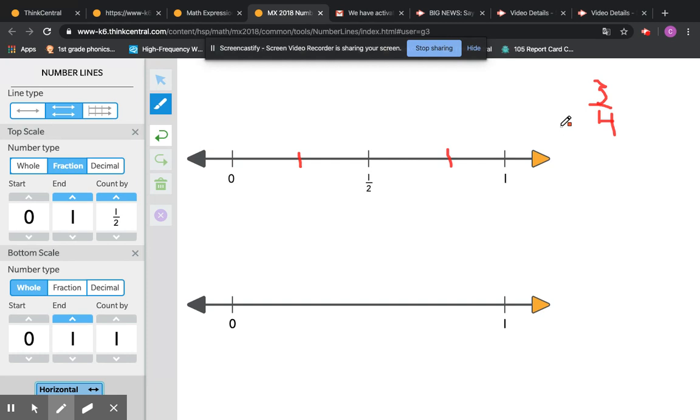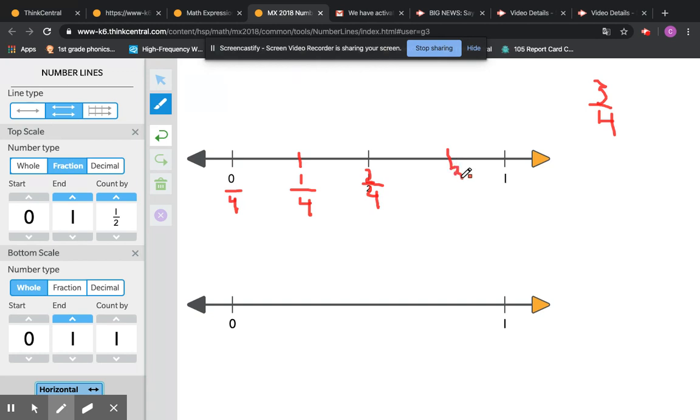Okay, and it's asking me to plot 3/4. So I'm going to start over here by saying that this is 0/4, this is 1/4, this one is 2/4, and I'm just going to do it on top because I can't delete that one.